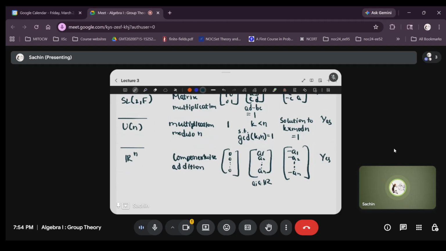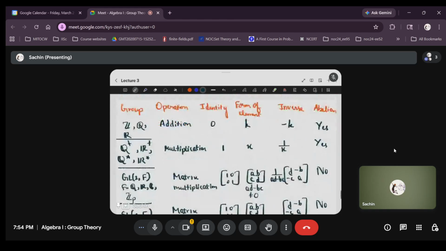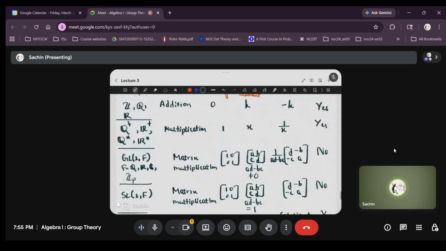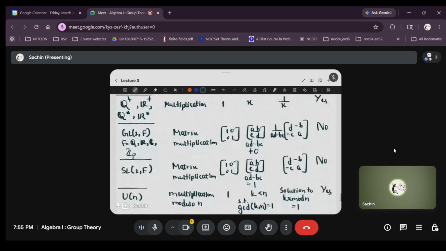There are some other groups, the dihedral groups, which are the symmetries of regular polygons. Then the set of bijections from {1,2,3} to {1,2,3}. Those I won't write. These are the most common things that we'll be dealing with for the rest of the course.